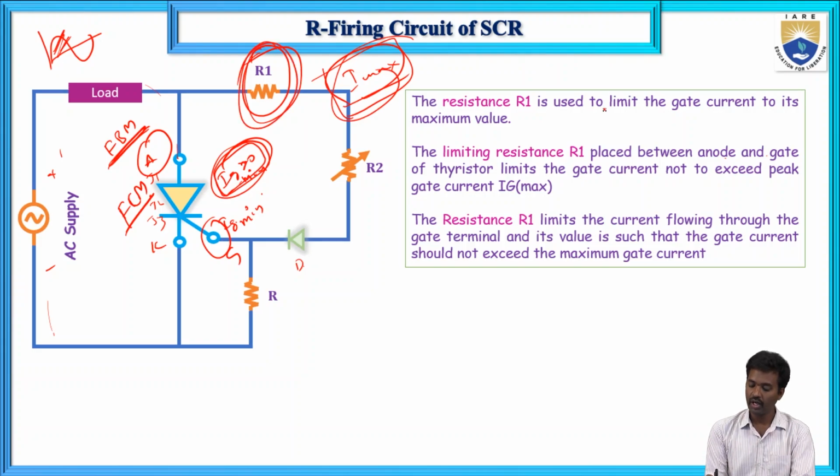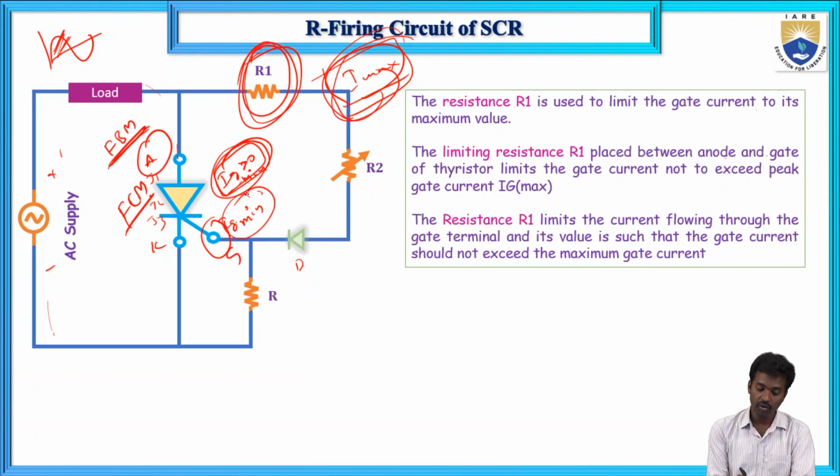So the R1 value is used to limit the gate current to its maximum value, not the minimum value. It limits the current flowing into the gate terminal such that the gate current should not exceed the maximum gate current.